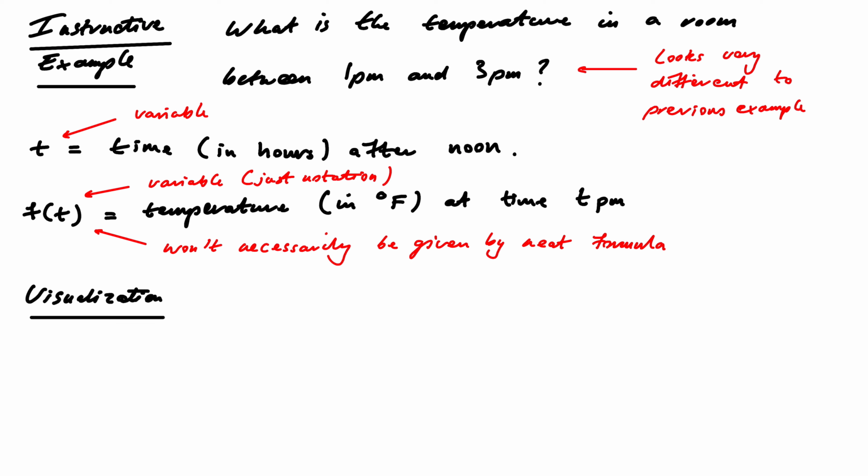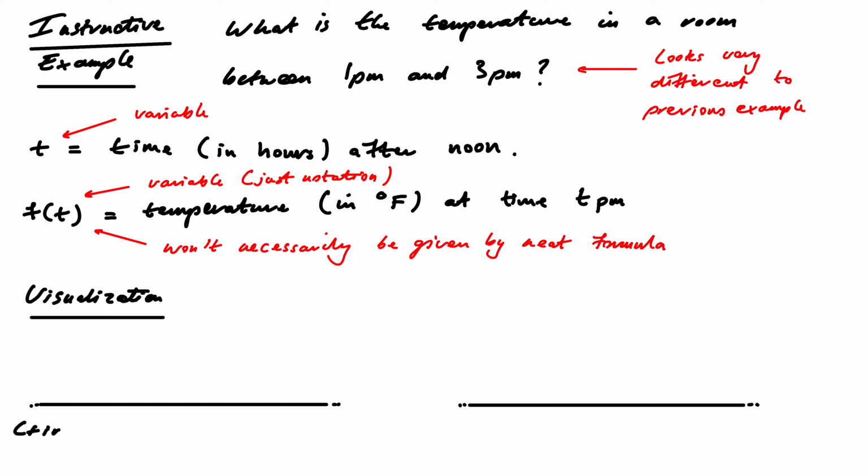Well, what have we got? Let's draw two number lines side by side, just like we did a moment ago. Let's think about the one on the left as representing time, and the one on the right as representing temperature.